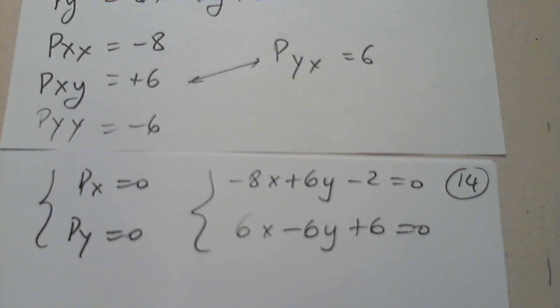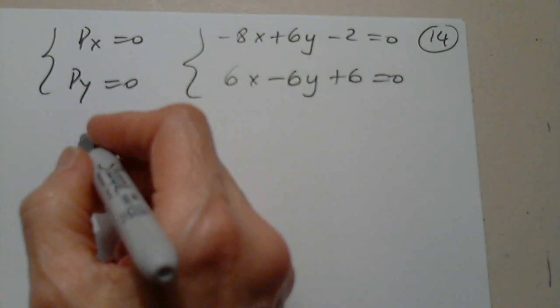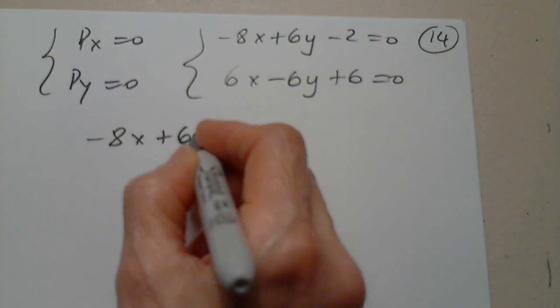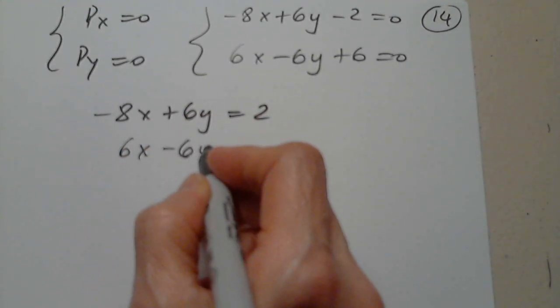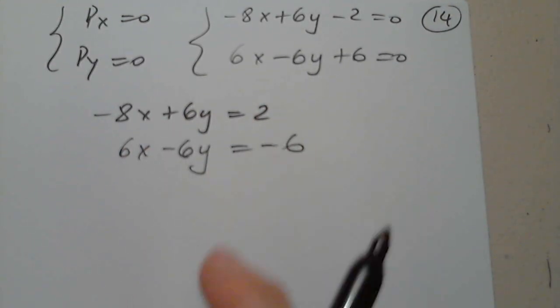This is our next step. We have to find the critical points by solving the system. So negative 8x plus 6y equals 2, and 6x minus 6y equals negative 6.